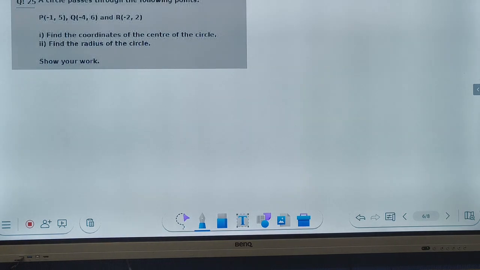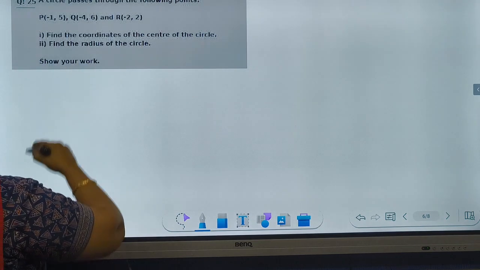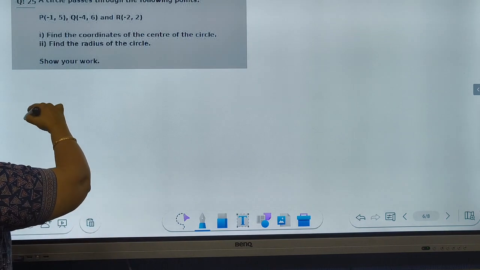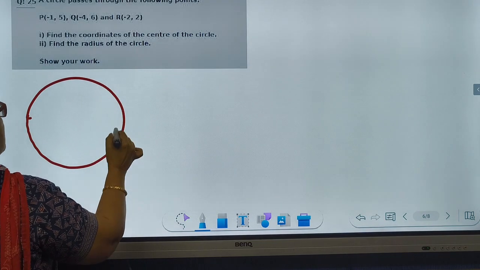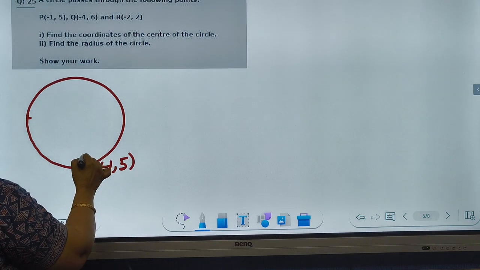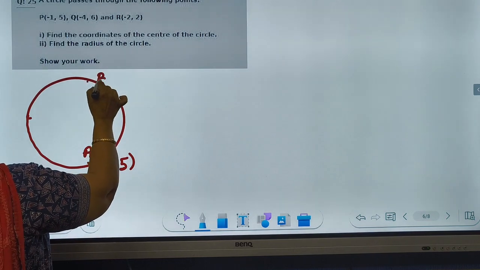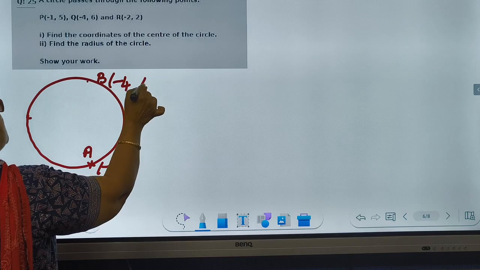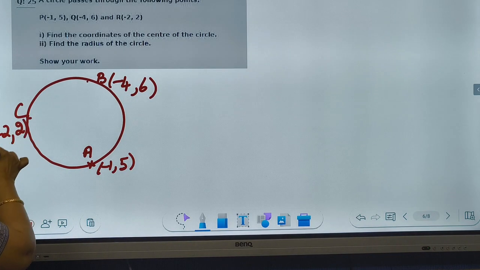Next problem, a circle passes through the following points: (-1, 5), (-4, 6) and (-2, 2). I am drawing a rough diagram: A (-1, 5), B (-4, 6) and C which is (-2, 2).